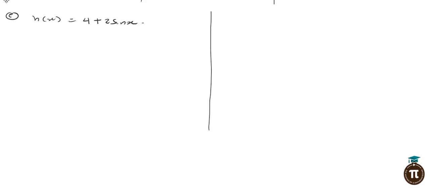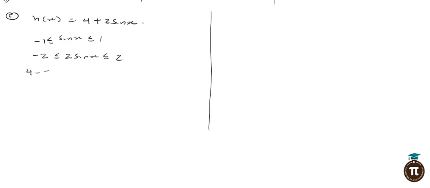As I have explained earlier, sine x is between minus 1 and 1. Multiplied through by 2, I have minus 2 less or equal to 2 sine x less or equal to 2. Add 4 throughout.